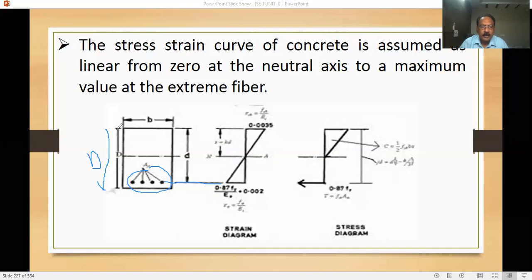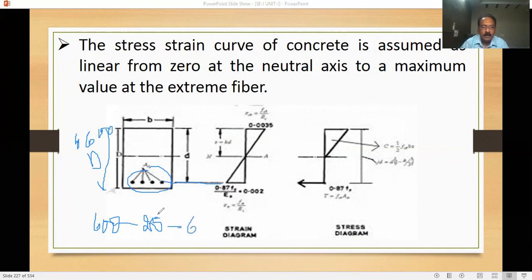Suppose the total depth D is 600 mm. So what is d? 600 minus 25 minus 6 mm.